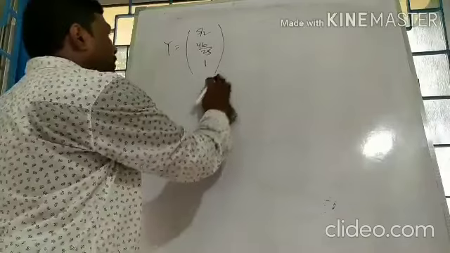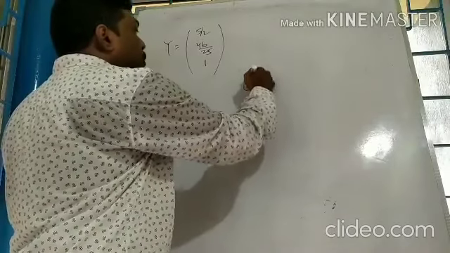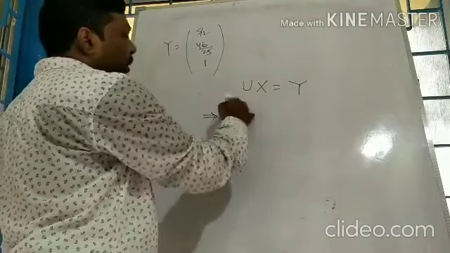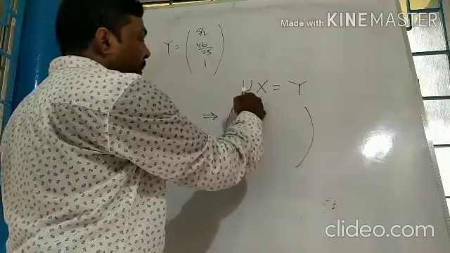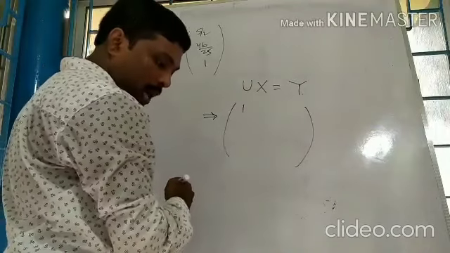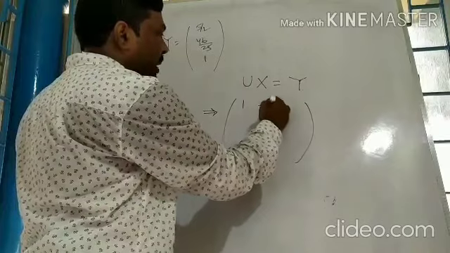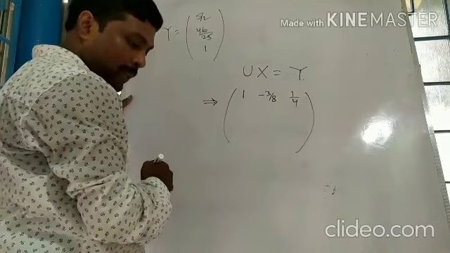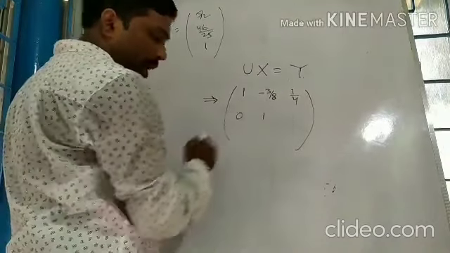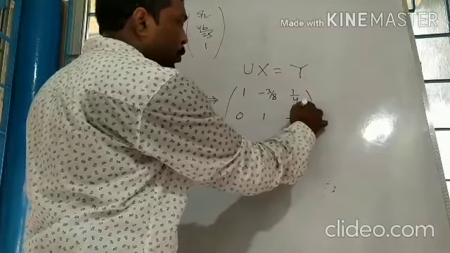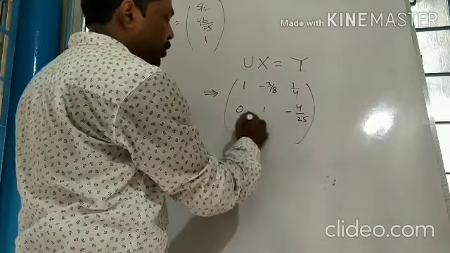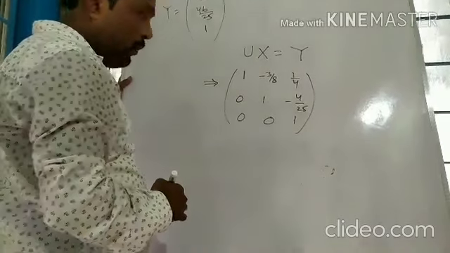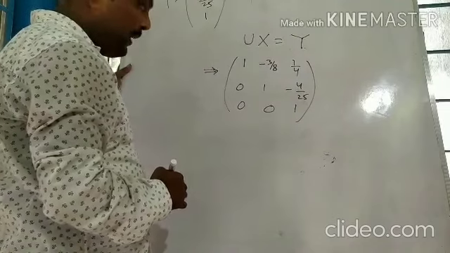Now we have to solve the system Ux equals y. What is U? U is the upper triangular matrix: 1, minus 3 by 8, 1 by 4; 0, 1, minus 4 by 25; 0, 0, 1.